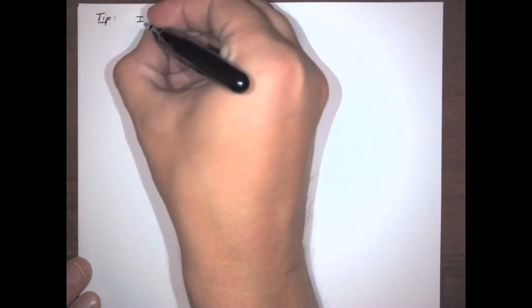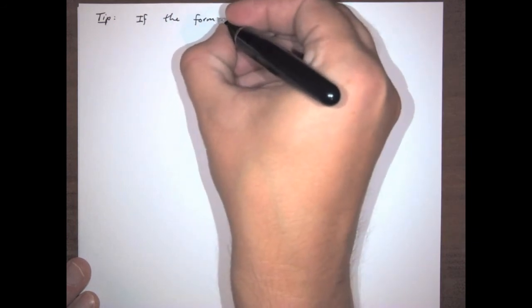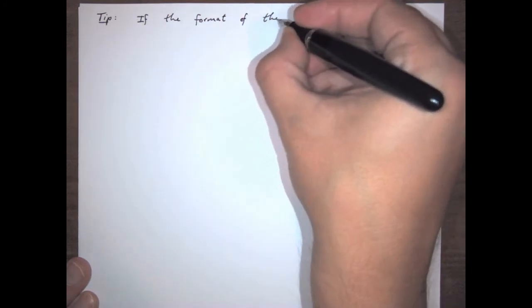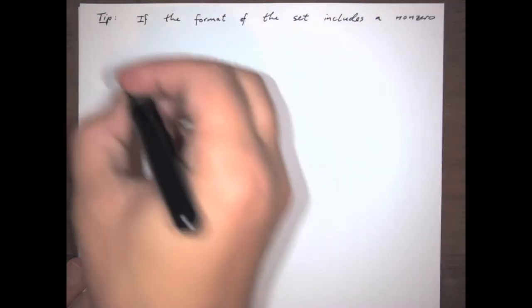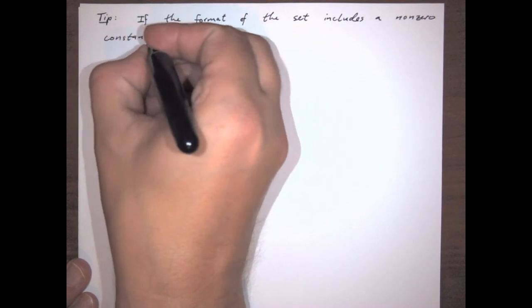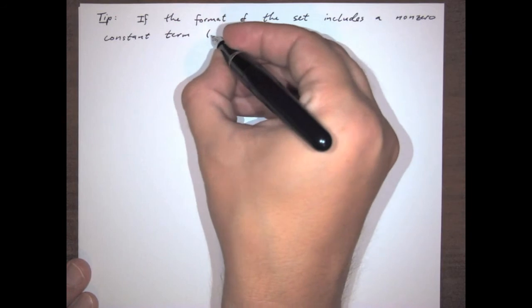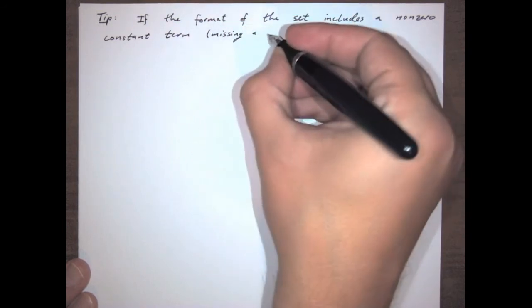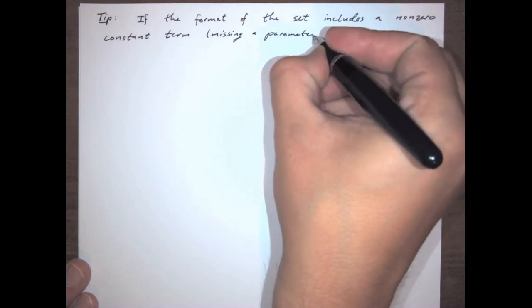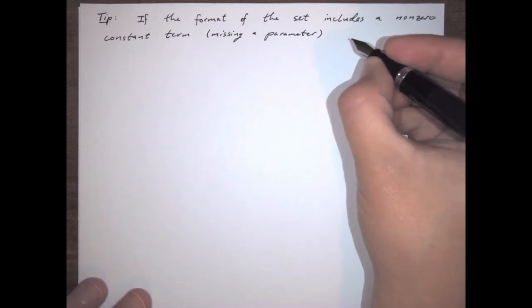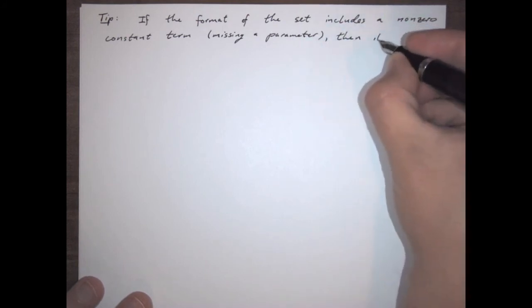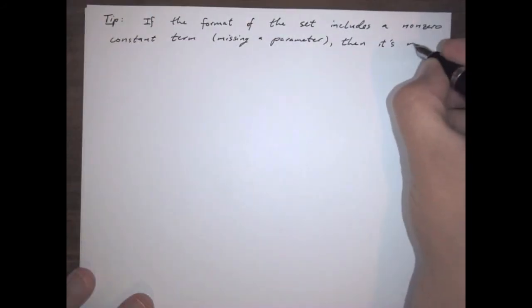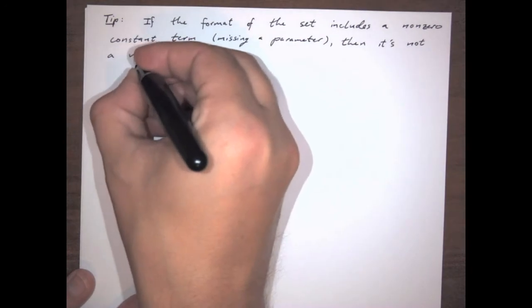So if the format of the set includes a non-zero constant term, by which I mean missing a parameter, then that should be a red flag that this is most likely not a vector space.